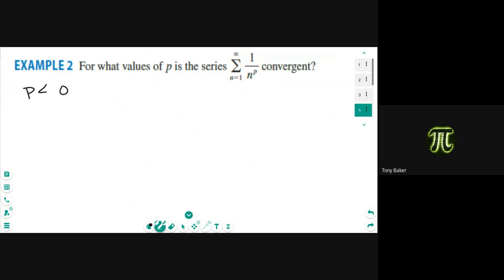It just switches spots. So that's the same thing as saying n to the negative p is up top. Now this is no longer a fraction. It's always going to increase, it's going to keep getting bigger and bigger and bigger. So this fails the test for divergence.